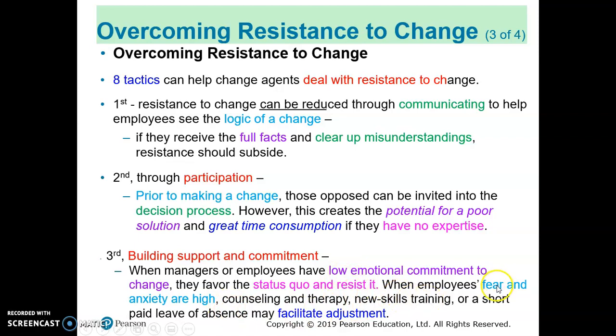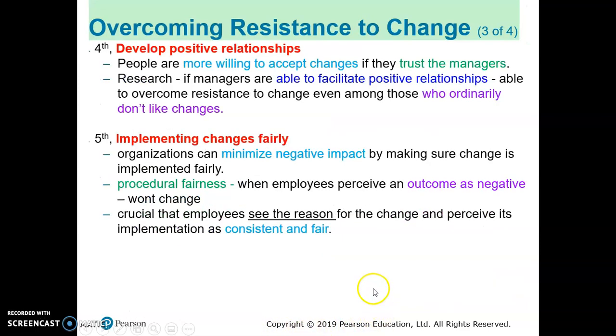So when employees' fear and anxiety are high, it is important to give the employees or the managers counseling, therapy, new skill training, or a short paid leave of absence so that they can clear things up and take a rest. This may facilitate adjustment.